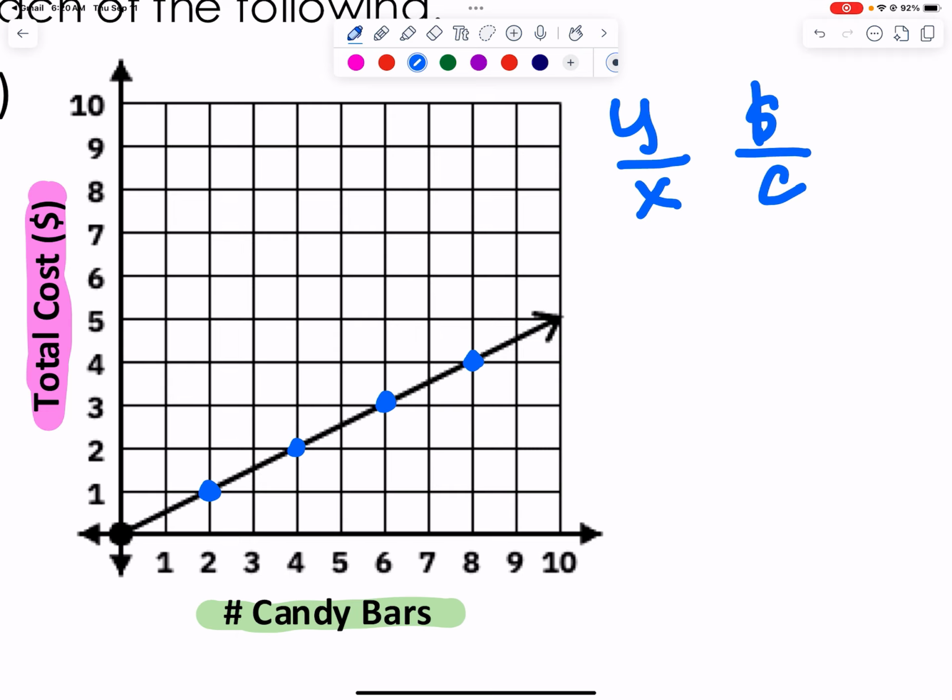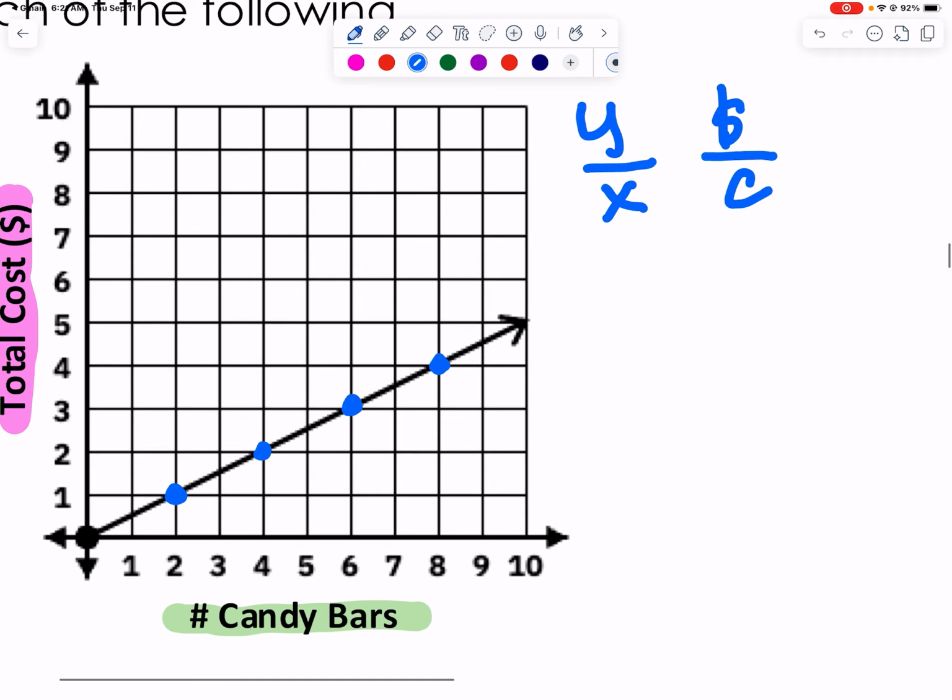So I only need one friendly point. So I'm just going to pick the very first one and use it to get the ratio of y to x. So for this point right here, the y value was 1 and the x value was 2.